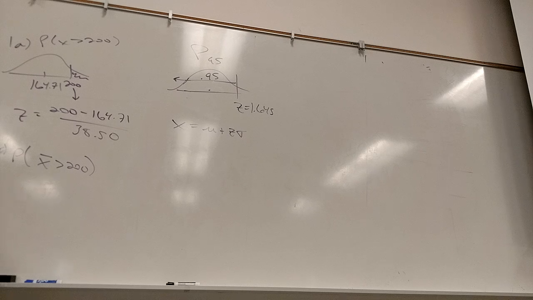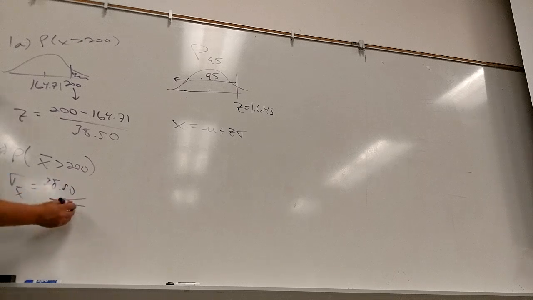Standard deviation. I can't use the one that works for individuals and their amount of money they spend on coffee. I need the one that works for groups of 32 and how much a group of 32 will spend on coffee. So how do I change? What's the formula to change it? Yeah, it was 3850, so now we divide it by the square root of 32.